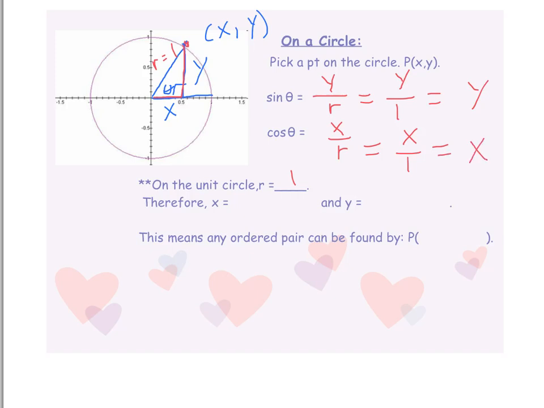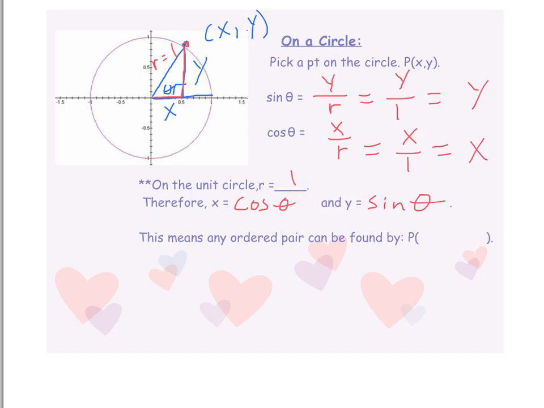So when we think about the coordinates of that point and the angle that it forms, there is a very, very significant relationship. The x-coordinate of that point is theta's cosine value. The y-coordinate is theta's sine value.